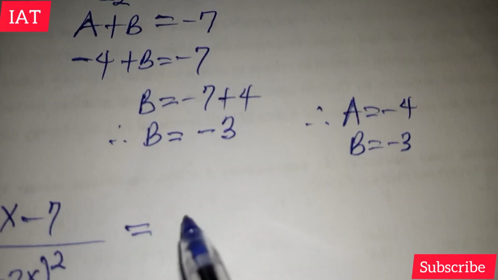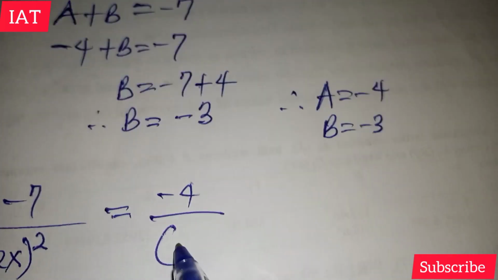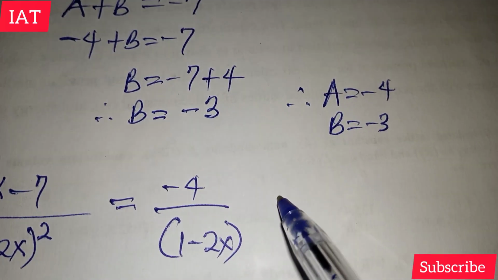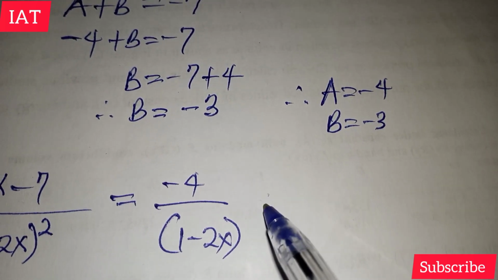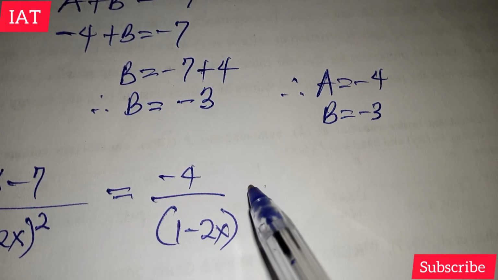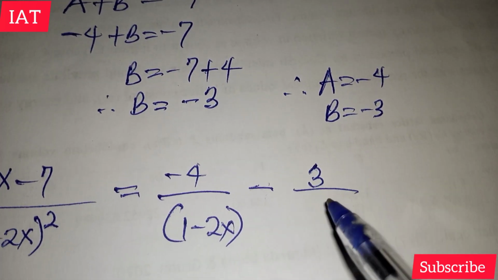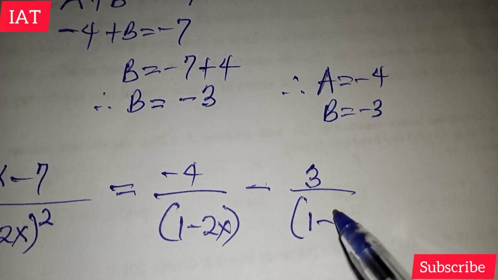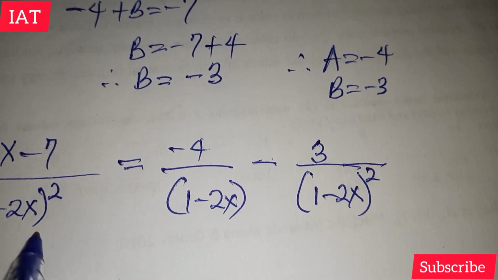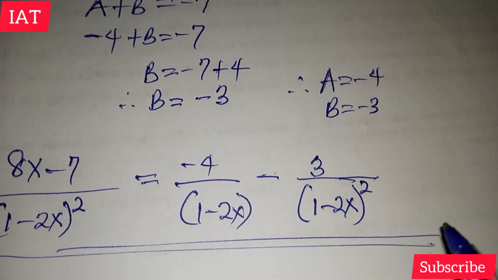The value of a here is minus 4 over the denominator we had there, which was 1 minus 2x, and then we are supposed to have a positive sign, but remember that b is negative 3, so the negative will affect the positive that is supposed to be here and change it to negative. Then you have 3 all over 1 minus 2x all squared. So we were able at this point to resolve this fraction into partial fractions.